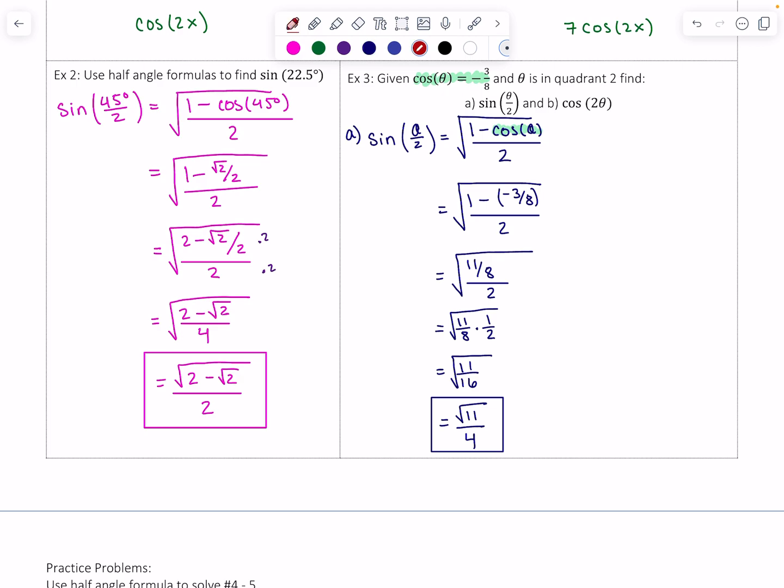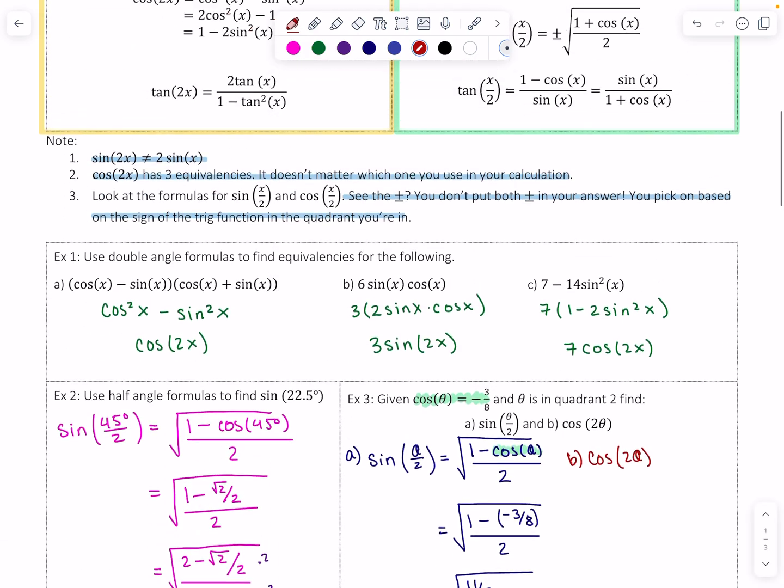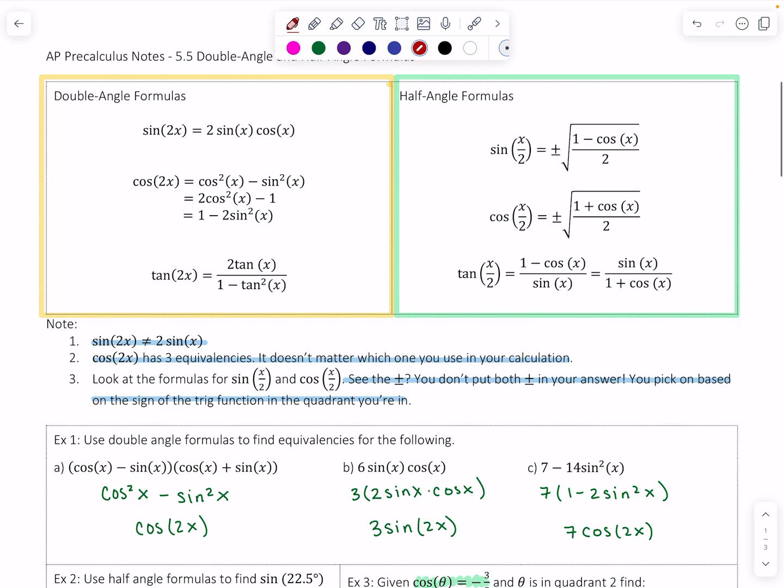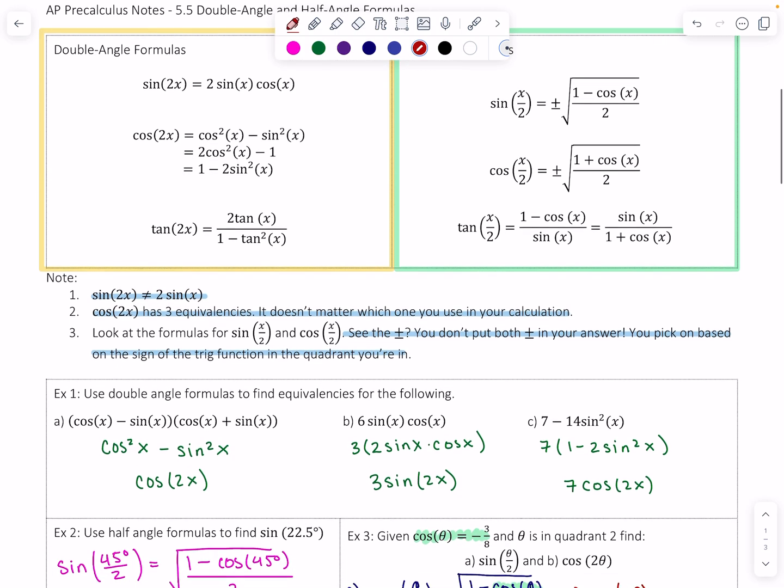Okay, let's now look at B. So for B, we're looking for cosine. I'm going to actually maybe scoot this over a bit. We're now looking for cosine of 2 theta. So let's just remind ourselves what cosine of 2 theta is equal to. If you need to, of course, I have to scroll up, but you can look up on your paper.